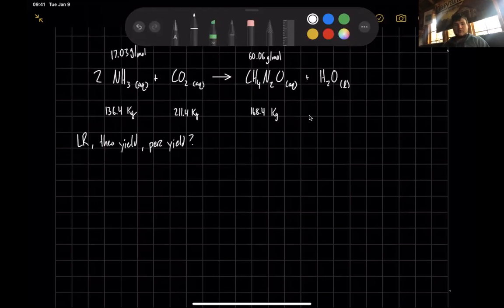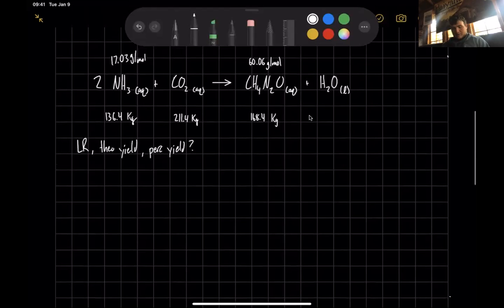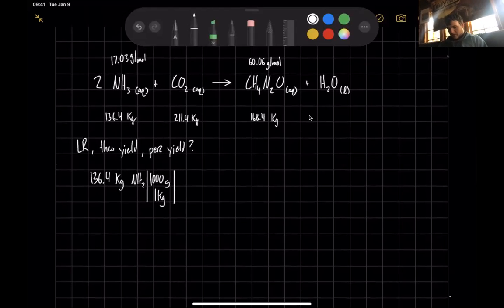Okay, so first step, let's find the limiting reactant. If we have 136.4 kilograms of NH3, we have to convert from kilograms to grams. And then we know that there are 17.03 grams of NH3 per 1 mole of NH3.